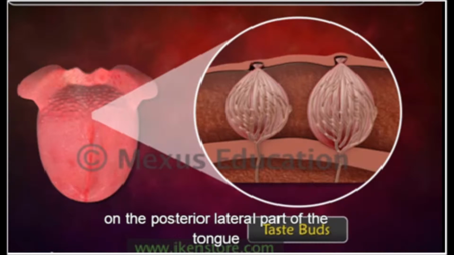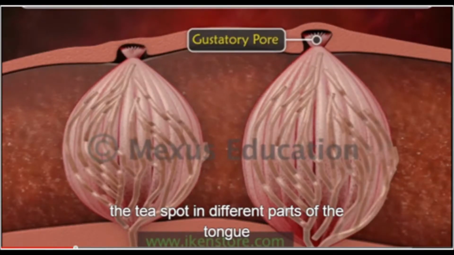A taste bud is a pyriform structure made up of modified epithelial cells. It has a small cavity that opens to the surface through a gustatory pore. The taste buds in different parts of the tongue respond to particular modalities of taste: sweet, sour, salty, or bitter.